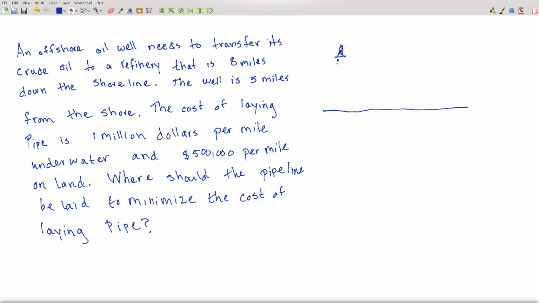And we actually are told in the problem that this oil well is 5 miles away from the shore. If you need to, pause the video, read the problem to find where it tells us that the distance from the oil well to the shoreline is 5 miles. So here, this distance is 5 miles.